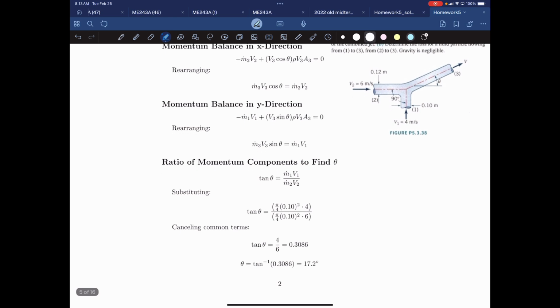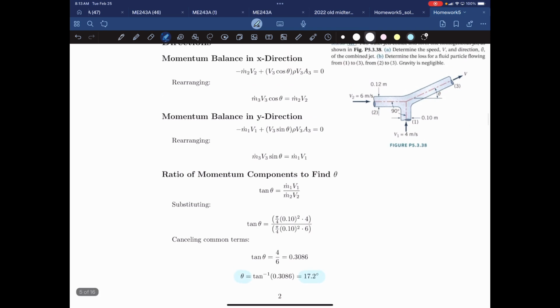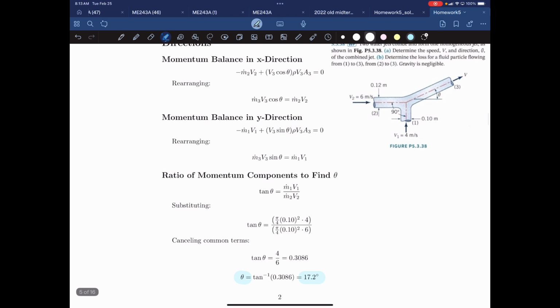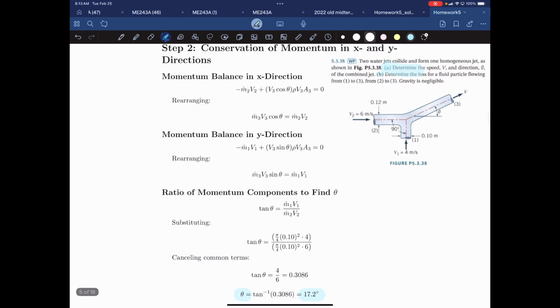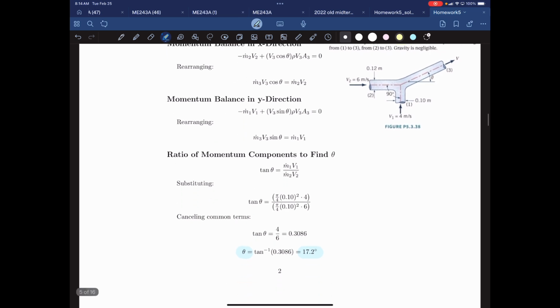Okay, and then we find it to be 17.2 degrees. And that was for part A. Determine the speed and direction of the combined jet. Okay, any questions?